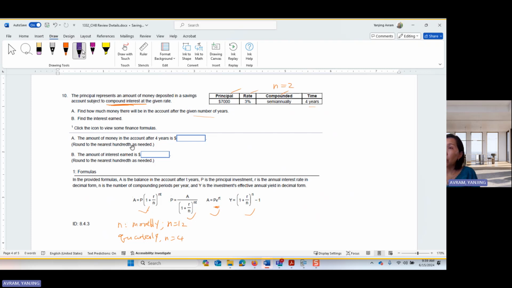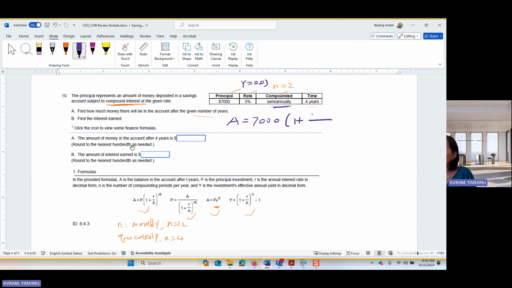We will use the compound interest formula because this one is already telling you it's compound interest. The principal here is 7,000. N is 2 for semi-annually. R here is 3%.